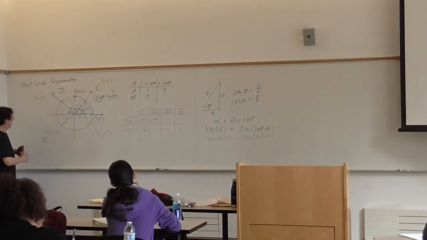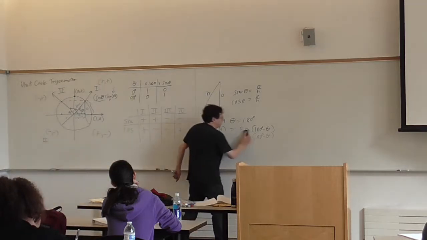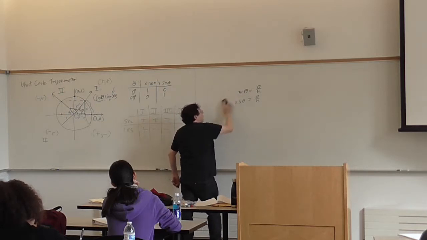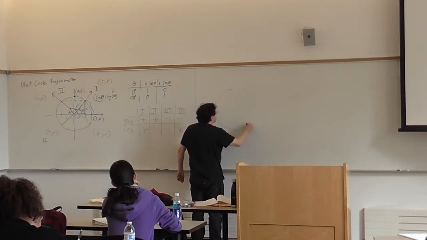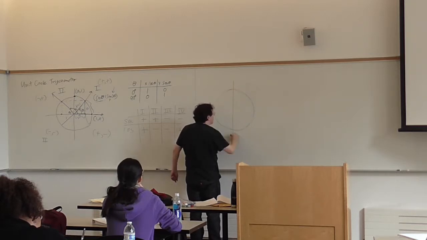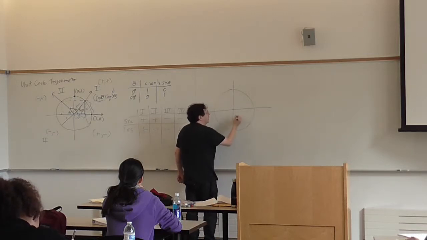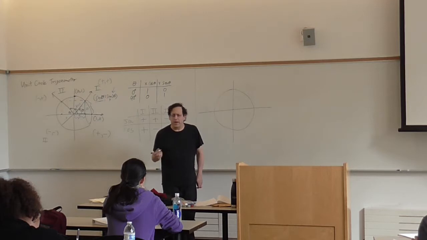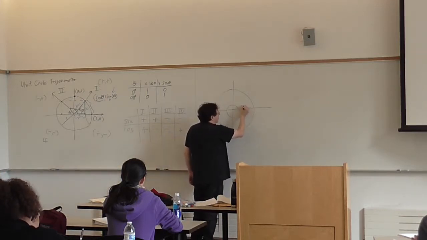This has gotten too crowded, I guess I'll start over again here. There's something else that we can do with this definition. We can have an angle, if you recall from the other day, we can have an angle whose measure is greater than 360 degrees.